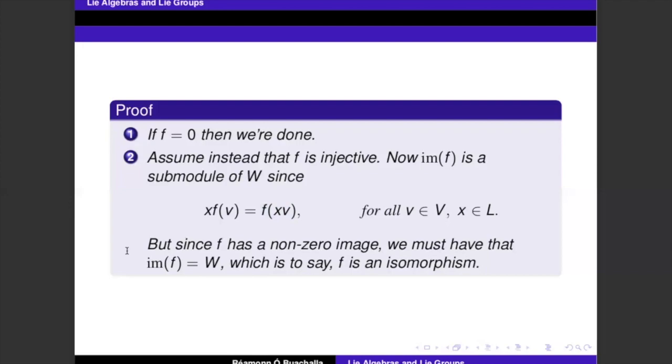It can't be 0 because f is injective, assuming that v was not 0. Therefore, the image of f has to be the whole thing. So we've proved, we already had injectivity, now we've concluded surjectivity, therefore we have an isomorphism. That's it. The argument is as simple as that. It's a very, very useful fact, but the proof is actually quite simple.